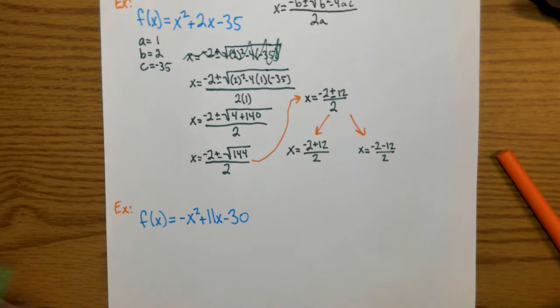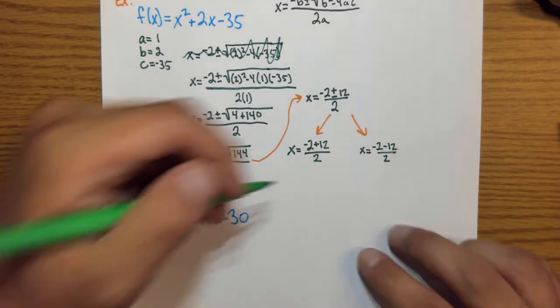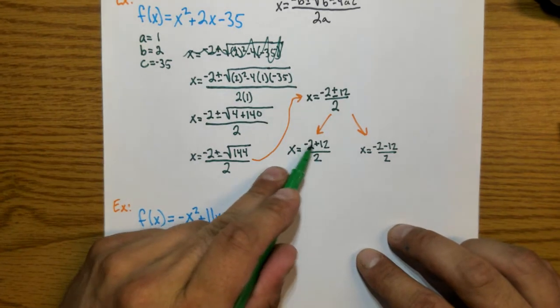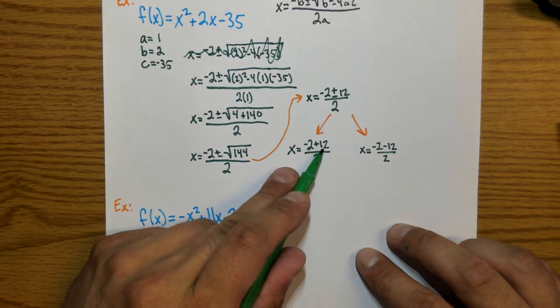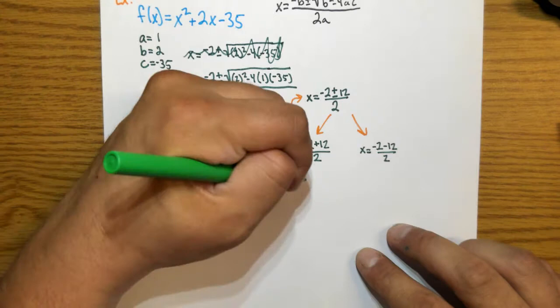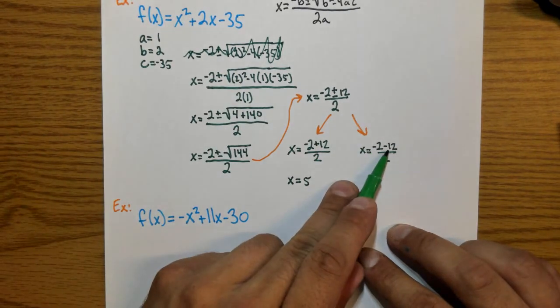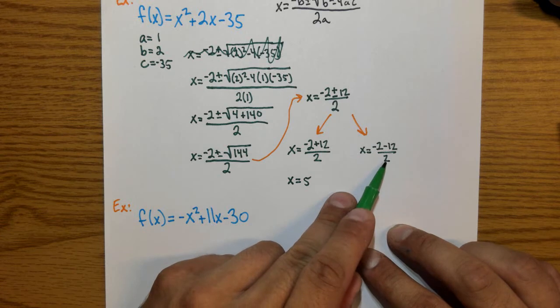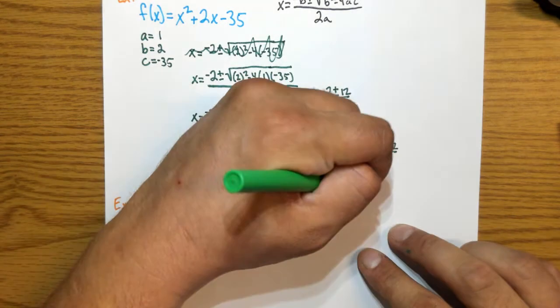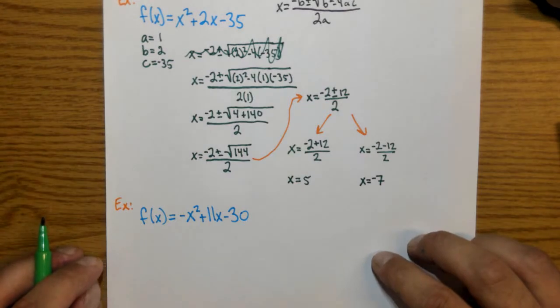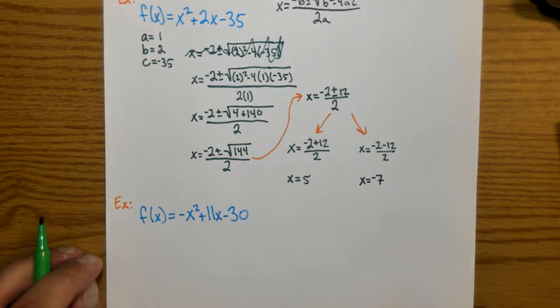And then we just simplify the top, divide by the bottom. Negative 2 plus 12 is 10, divided by 2 is 5. And then negative 2 minus 12 is negative 14, divided by 2 is negative 7. And that's it. Got our two answers.